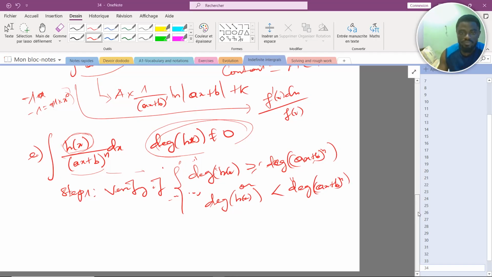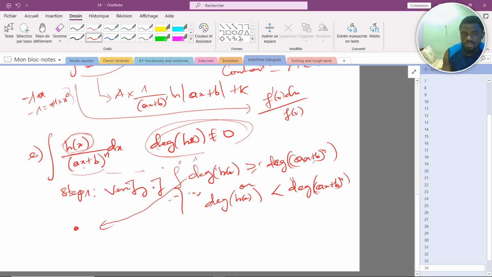Now if you are in this first condition, that the degree of h of x is greater than or equal to the degree of the bottom, if the degree of this top is greater than the degree of this, naturally you will proceed to long division.